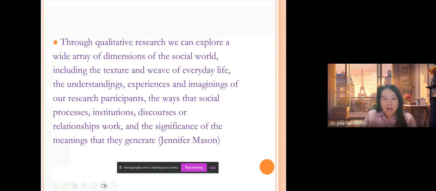We explore the way that social processes, institutions, discourses, or relationships work. It's like a discourse study, and the significance of the meanings that they generate. We want to find out the significance of the meanings hidden inside our study. This is a citation from Jennifer Mason.